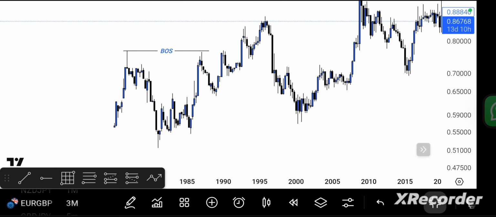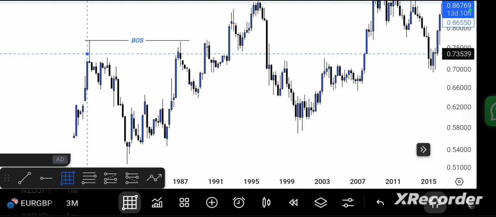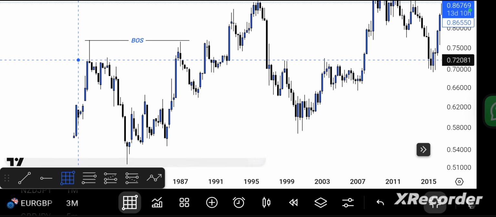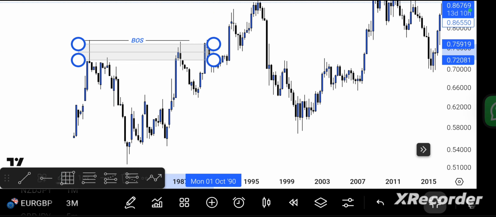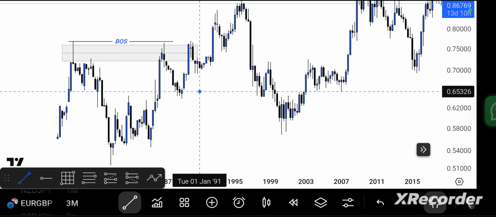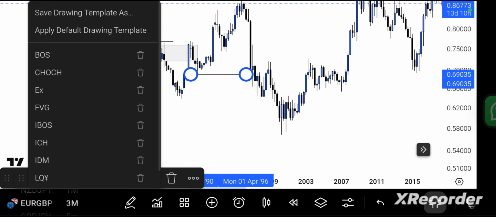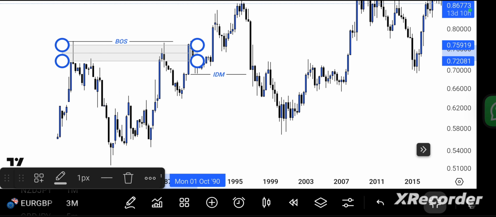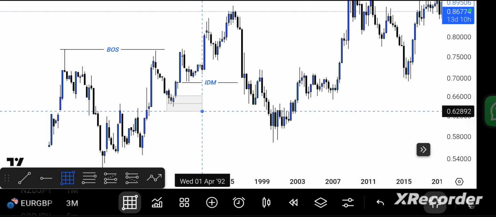Now looking at this chart, after a break of structure, like I said, we identify whether there is an internal inducement. So for the record, we have the market reacting off from this supply zone, which makes these points an inducement. And this zone becomes a potential point of interest.